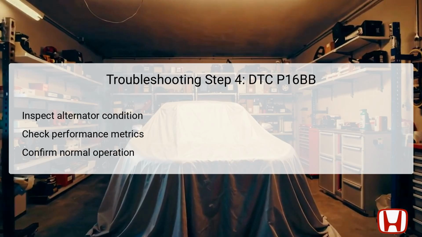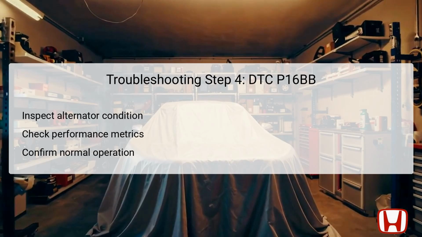If the previous inspections have indicated normal conditions, the final troubleshooting step involves inspecting the alternator itself. This entails checking the performance metrics to determine if the alternator is functioning correctly and generating sufficient voltage.